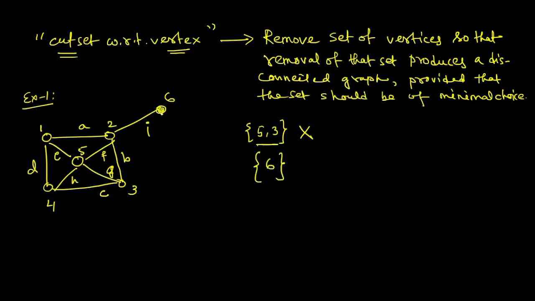So removing 6 means this part we are removing, and you have to remove this edge also, because this is the adjacent edge. So ultimately you will have this part only, which is again a connected graph. So no question of being a cut set with respect to vertex. Okay, now if you remove suppose 5 and 2, see where are 5 and 2?